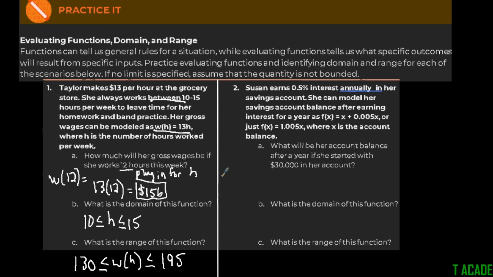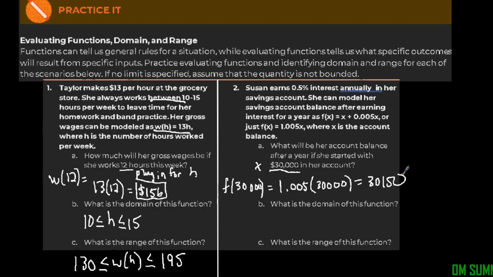So that's just plugging in 30,000 for x. And so I can say I have f of 30,000 equals 1.005 times 30,000, which is equal to 30,150.